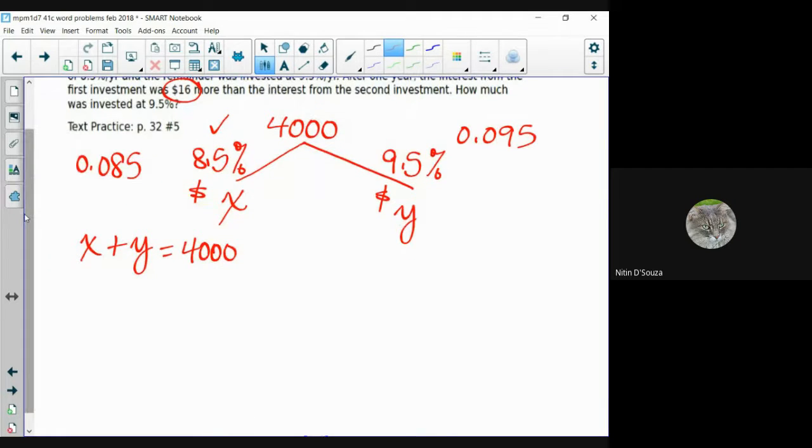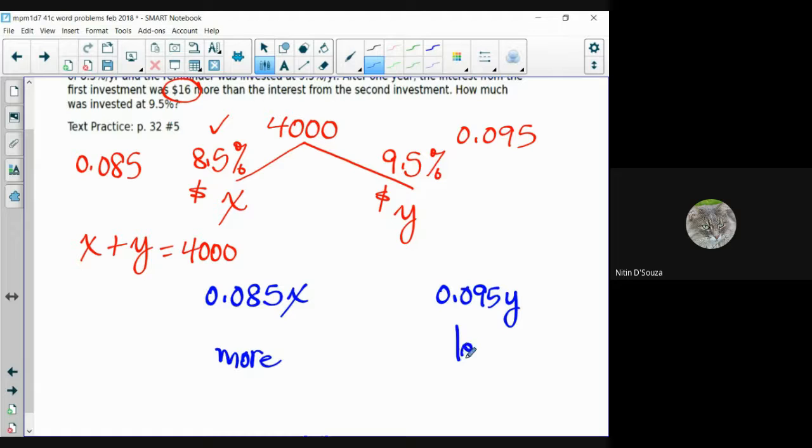So the interest from this one will be 0.085x. The interest from this one will be 0.095y. This interest is $16 more than this one. So this is more, this is less.